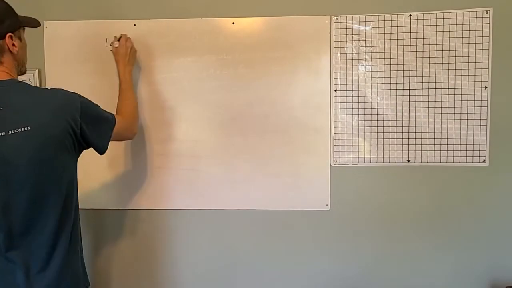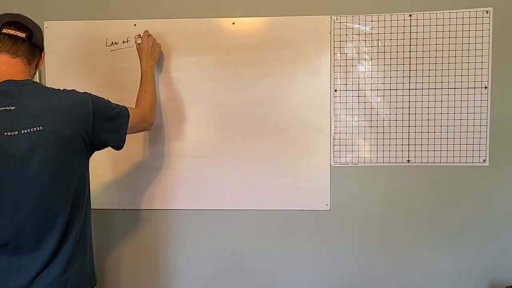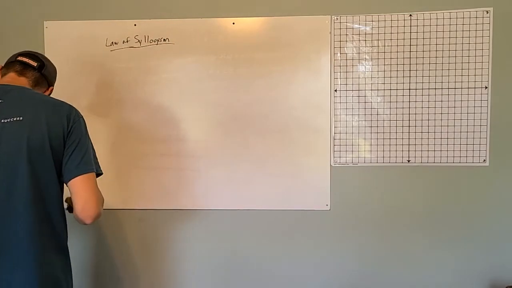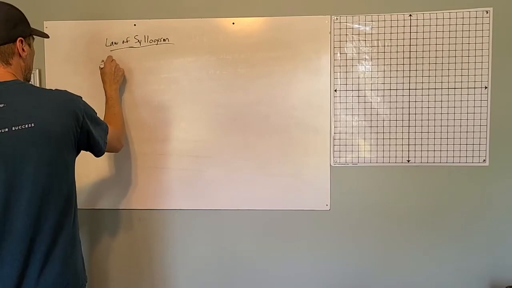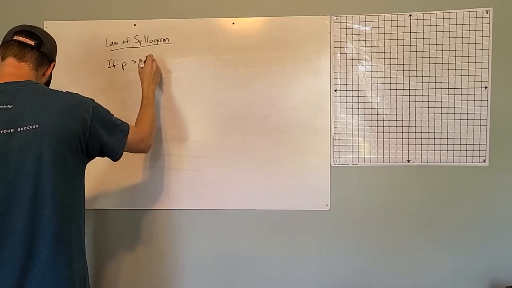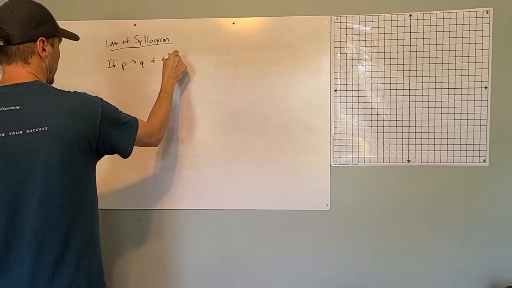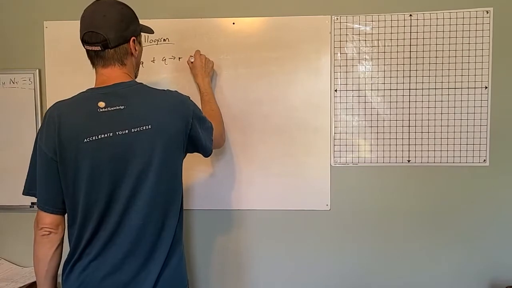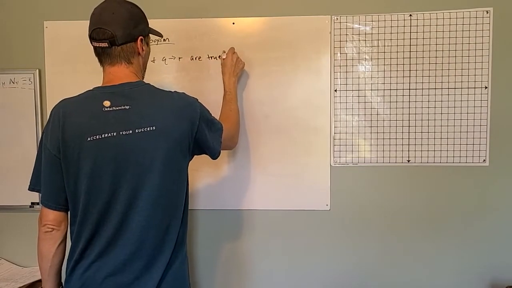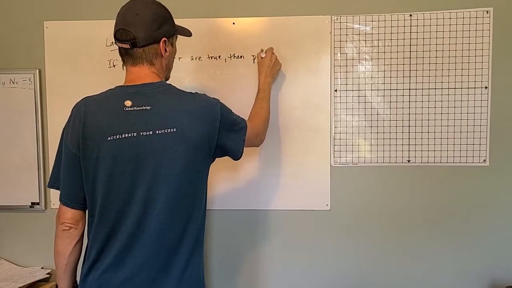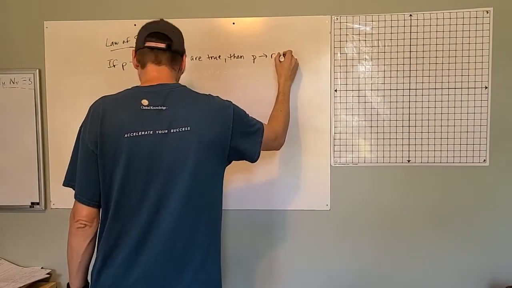Law of syllogism. And that says if P implies Q, this one to me is easier to see, and Q implies R are true, then P implies R is true.